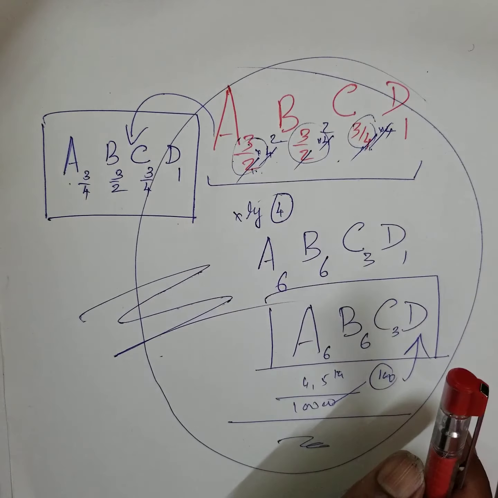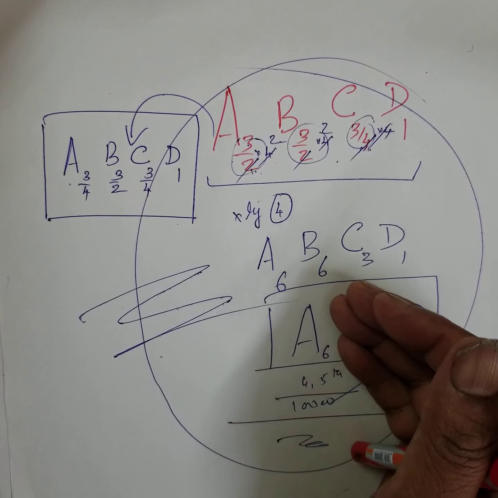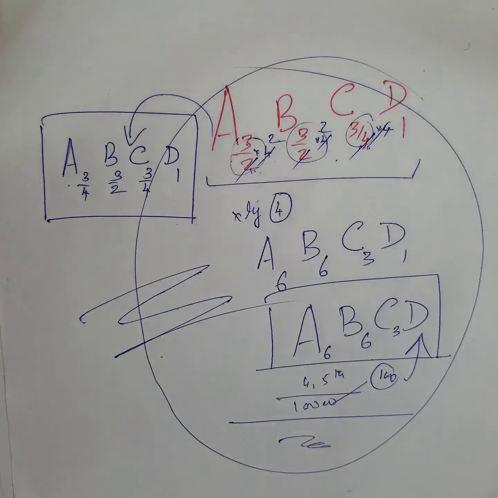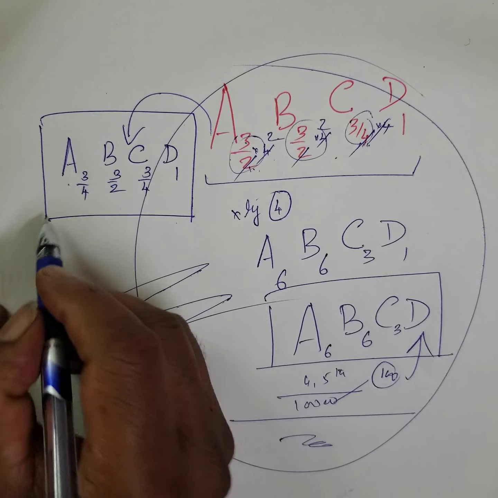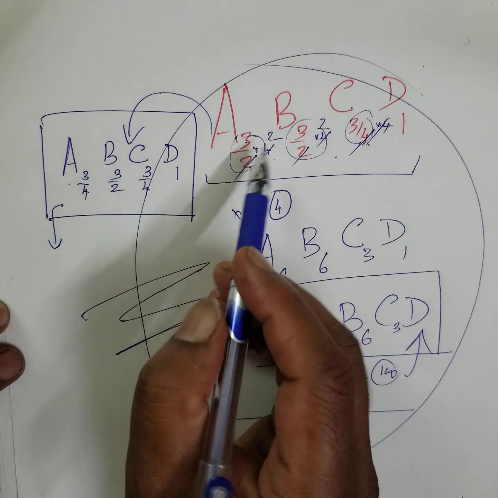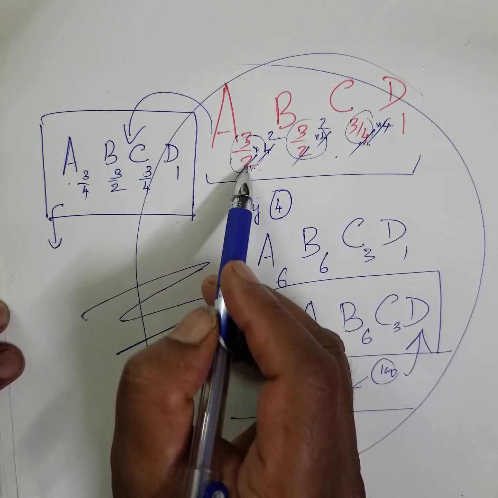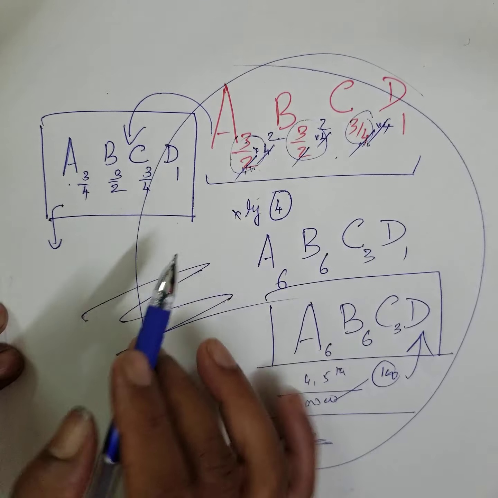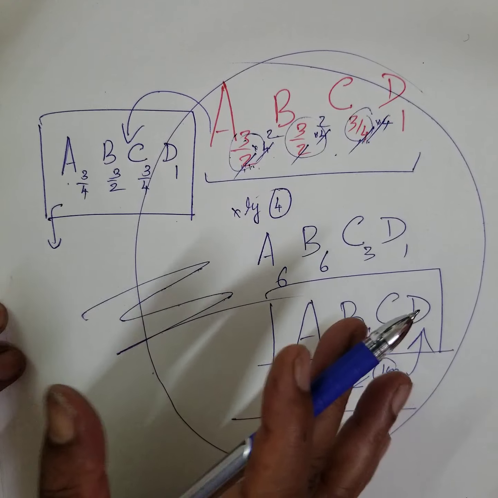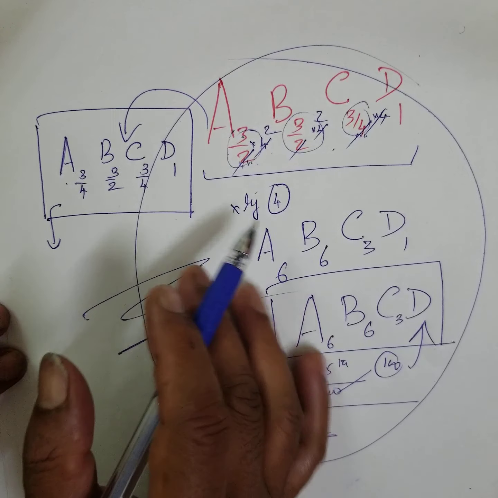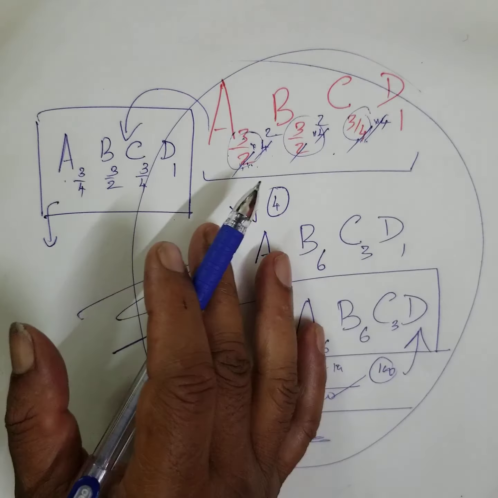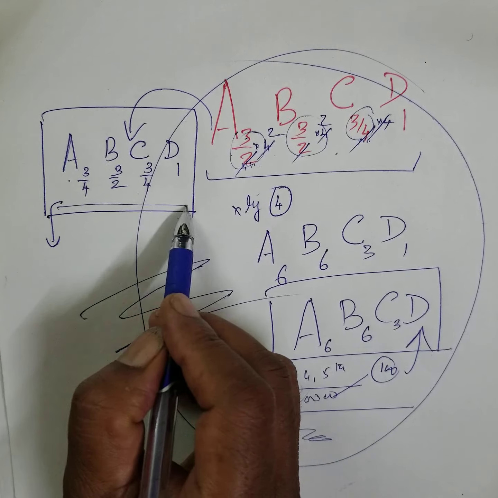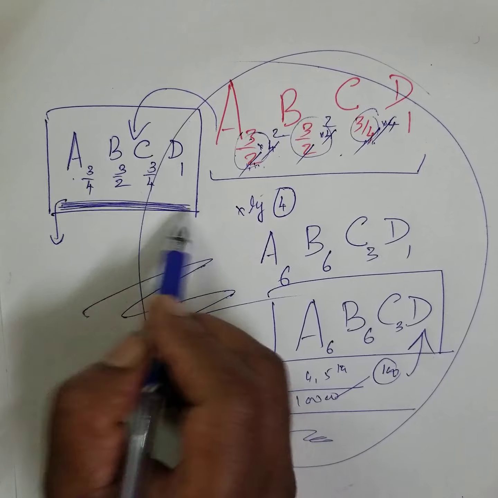You may come up to 90%, 99%, there 1% you lost. Because here, instead of 3 by 4, I have written 3 by 2. Urgency, the tension. It happens for everyone, irrespective of age. However much time you prepare, it will happen always, everywhere. Therefore, don't give room for tension.